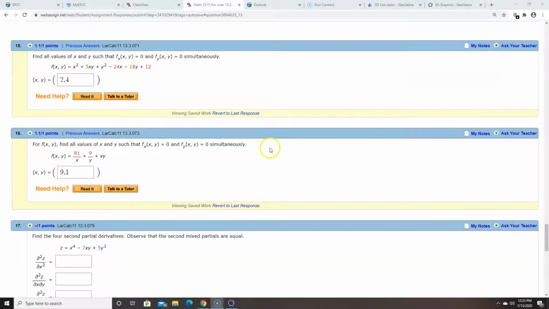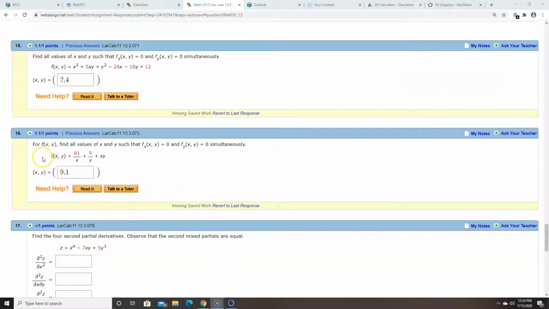So is there a point on this surface whose slope in the x direction, and the slope at that same point in the y direction, are both 0? That's what they're asking us.